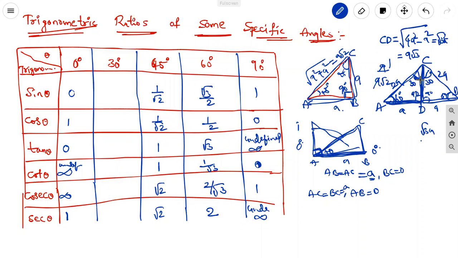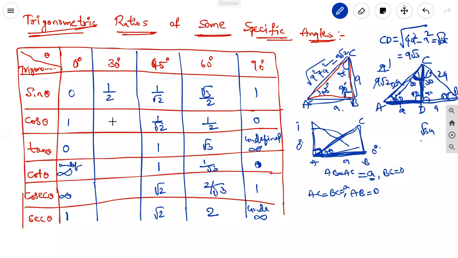In the same way, we can take the other angle. It is 30 degrees. For this 30 degrees, this is the opposite, this is the hypotenuse, this is adjacent. For sine 30, opposite is A, hypotenuse is 2A. A by 2A is 1 by 2. And for cos theta, adjacent is root 3A by 2A.